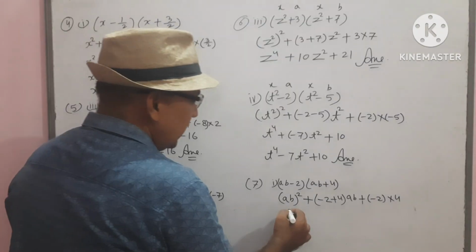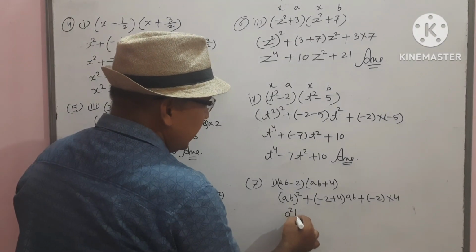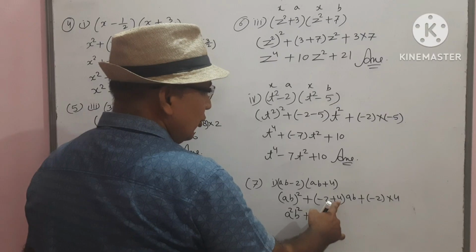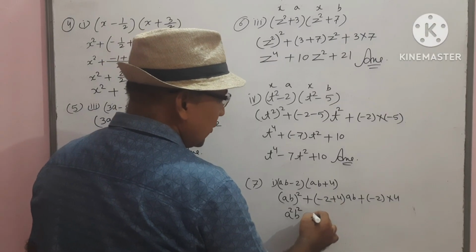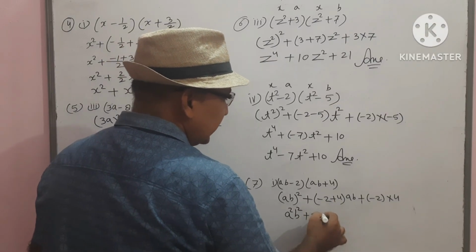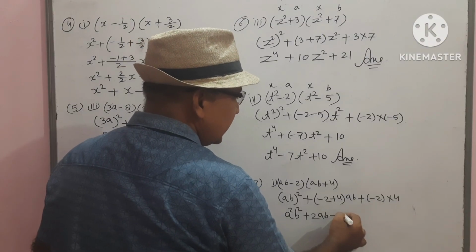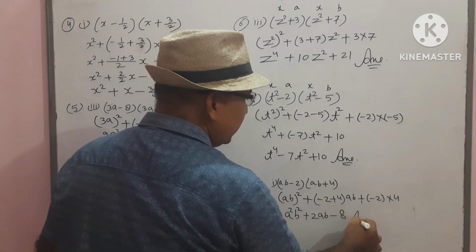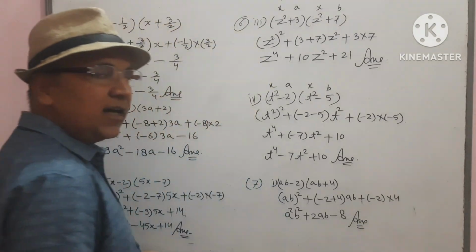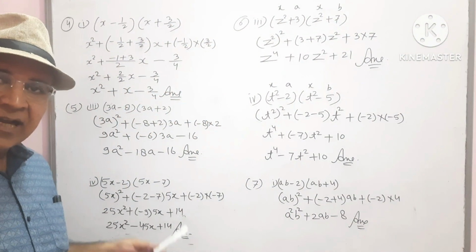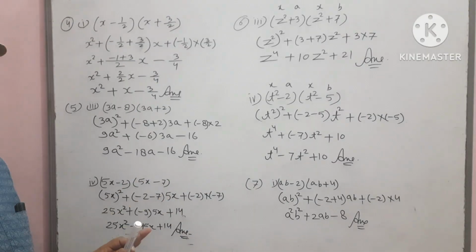Now this will become A square B square plus minus 2 plus 4 becomes plus 2. Then AB, minus into plus becomes minus. 4 into 2 is 8, and this will be your answer. So watch every step carefully and try to learn how to solve it.